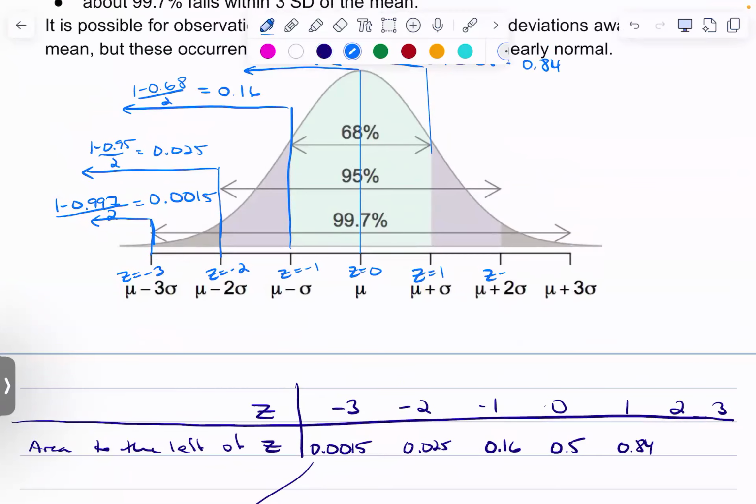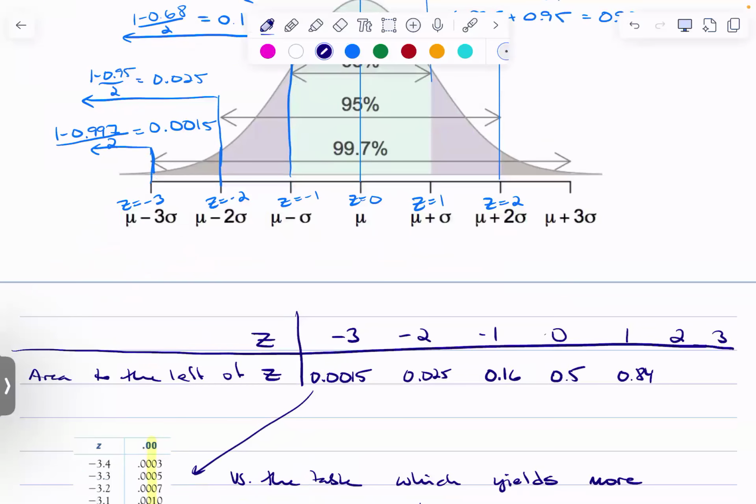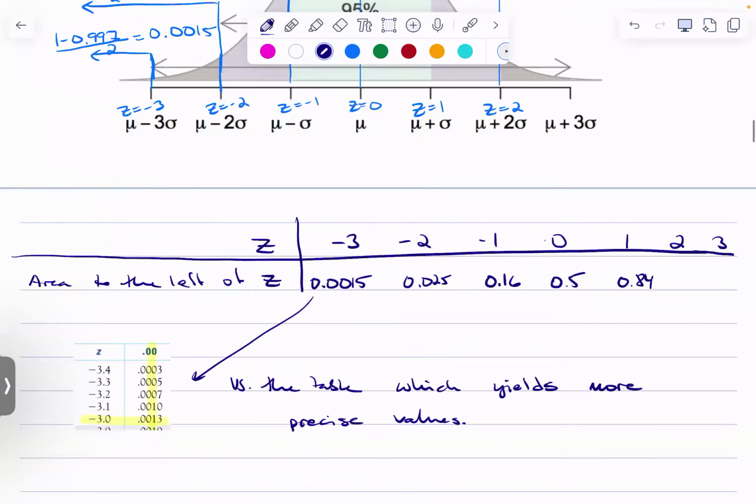If z is 2, we can do the same thing, of course. By symmetry, it should be the 0.025 plus this full 95%, or 0.95. That's 0.975. And all of these you can confirm with your table.